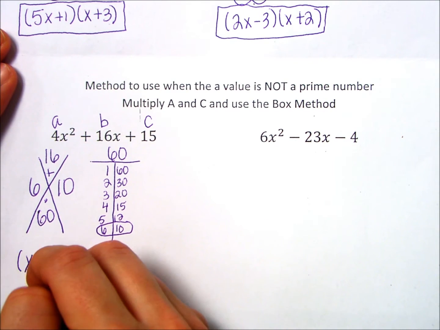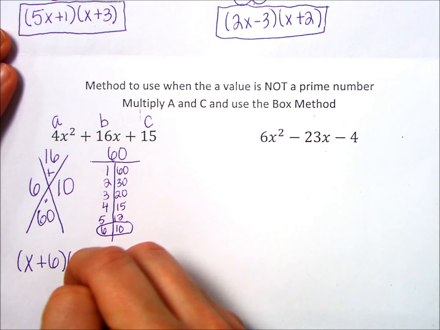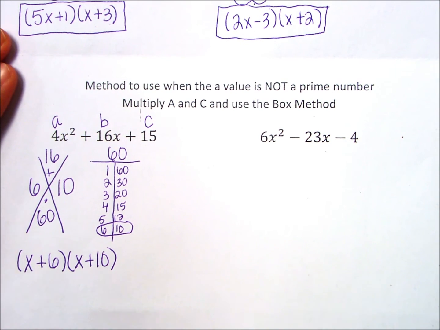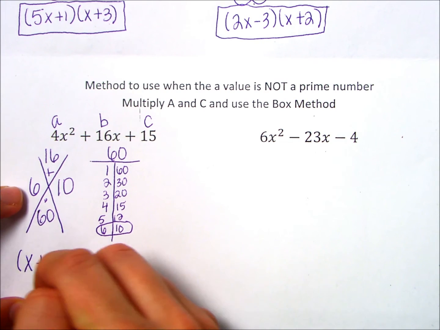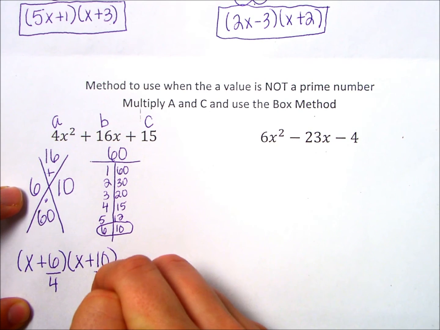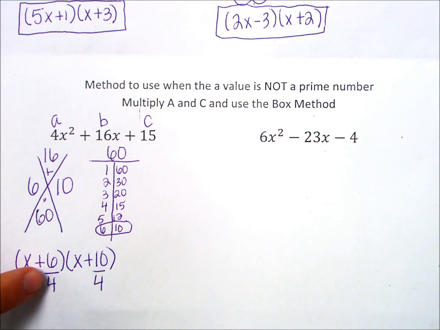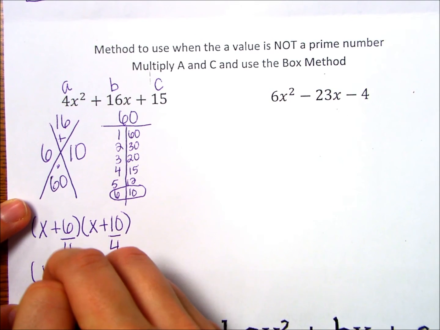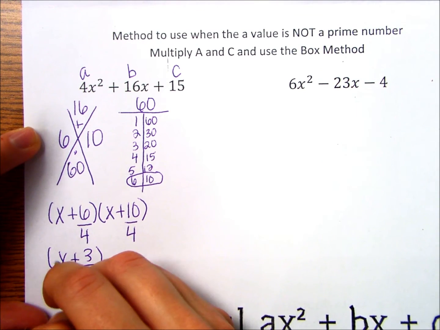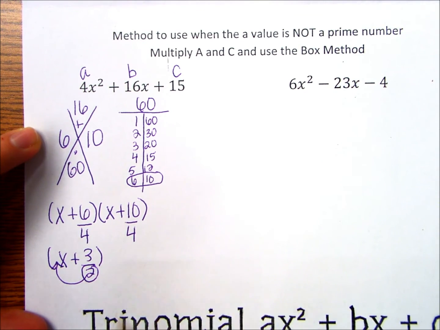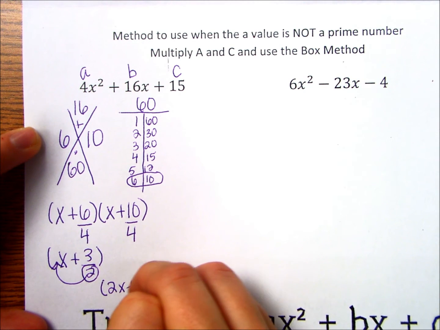So now I'm going to write it out as x plus 6 multiplied by x plus 10. Multiplied that 4 in there. Now I'm going to divide it out. Here's where you've got to be careful. I need to simplify. 4 doesn't go into 6 evenly, but 6/4 simplifies to 3/2. So I want to simplify it before I move the 2 up. So then this will be 2x plus 3.